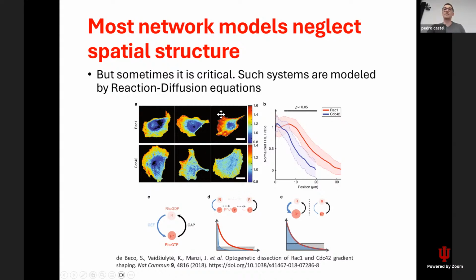If you assume everything is homogeneous, you will not have migration at all. These systems are modeled not simply by networks, they're modeled by reaction diffusion equations, which is something a lot more complicated than the ordinary differential equations we will work with in this course.